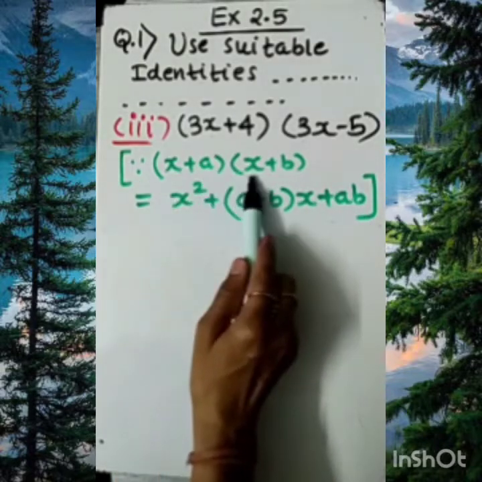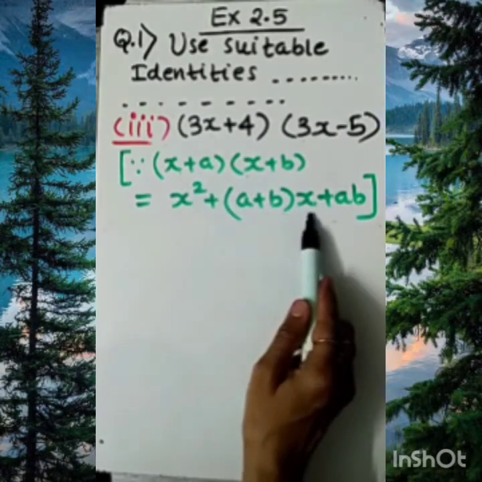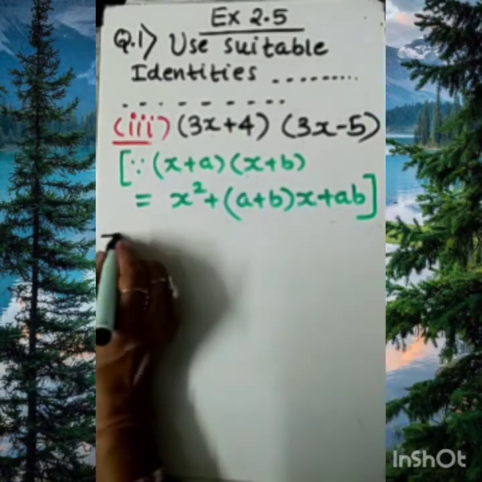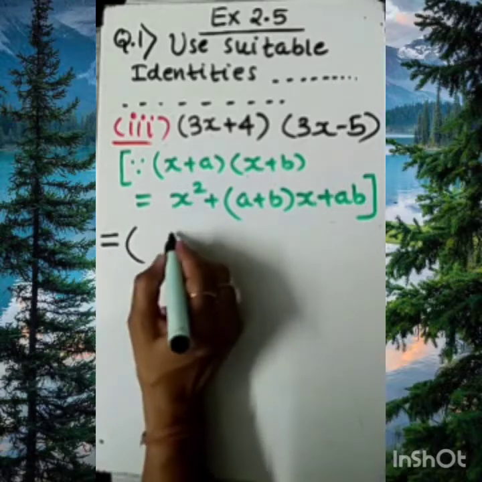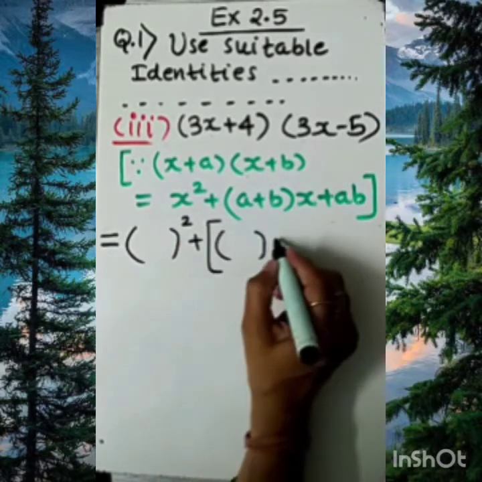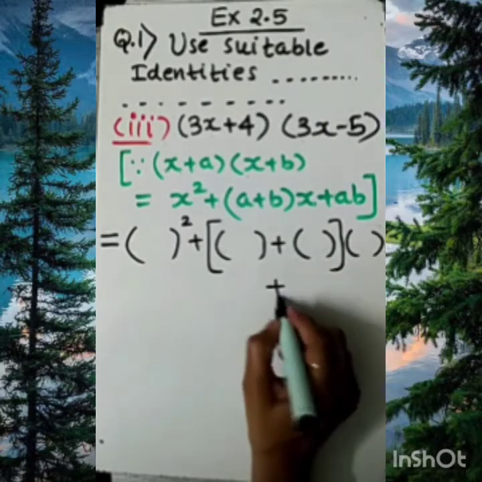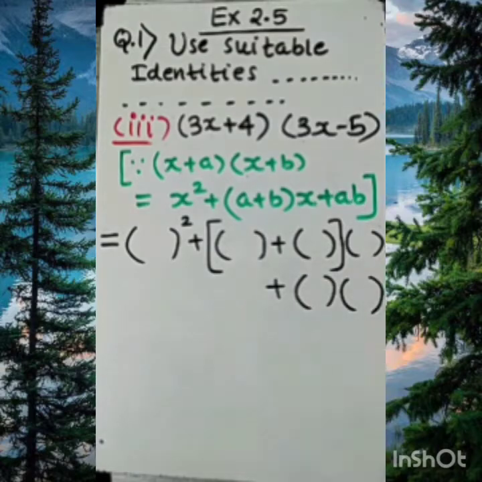x plus a, x plus b equals x square plus a plus b, x plus ab. So, according to this, if we work it out, then x square plus a plus b, and of course this is x, an empty space we need to write. Okay, along with the identity you need to write the empty space so that it will be easy for you to fill the bracket.